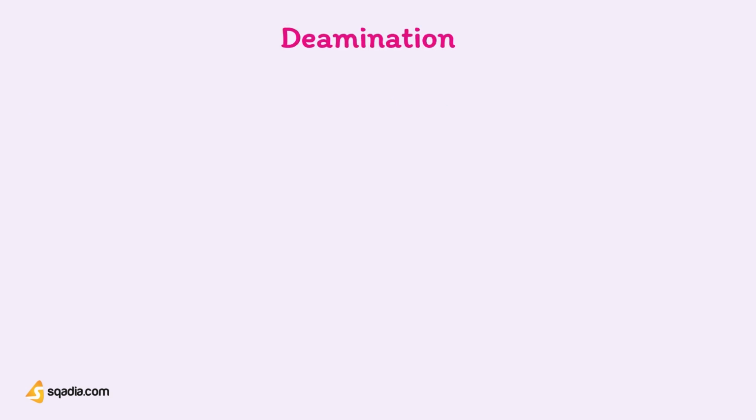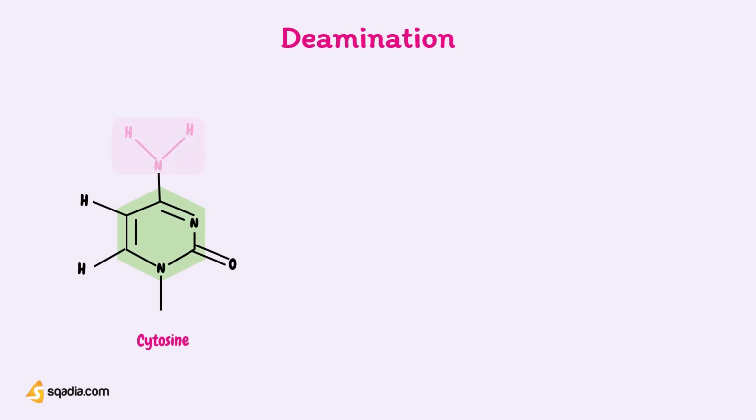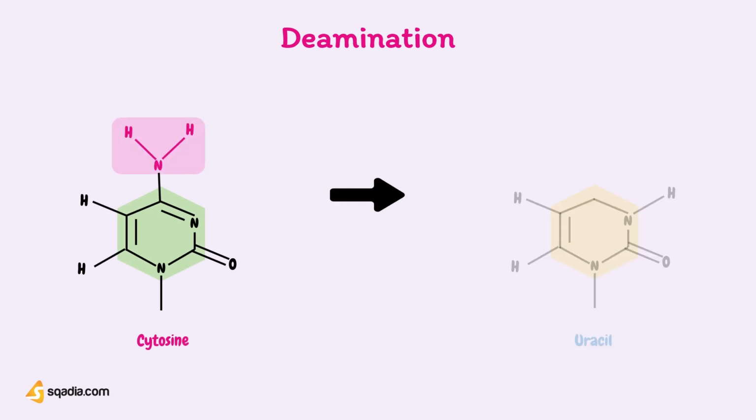Second is the deamination. In deamination, the removal of an amino group from carbon initiates a process that causes a transition after deoxyribonucleic acid replication. For example, cytosine has an amino group. From it, the amino group will be removed in deamination. So, deamination can change cytosine to uracil.